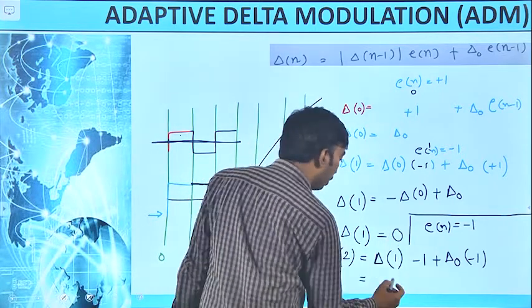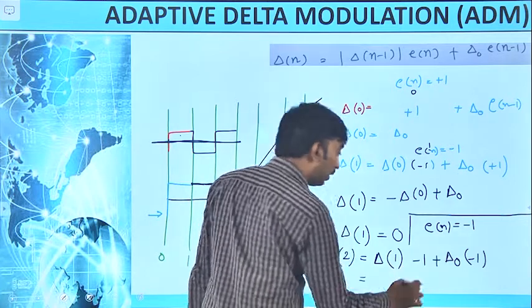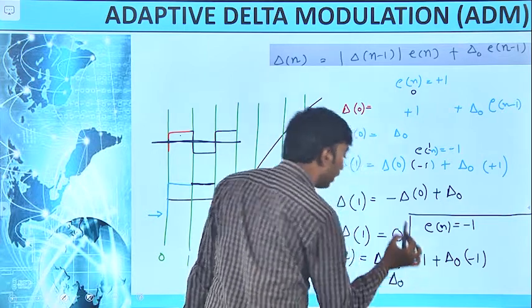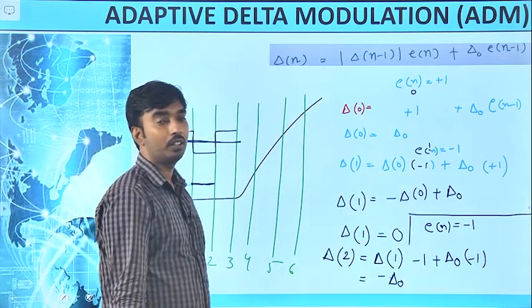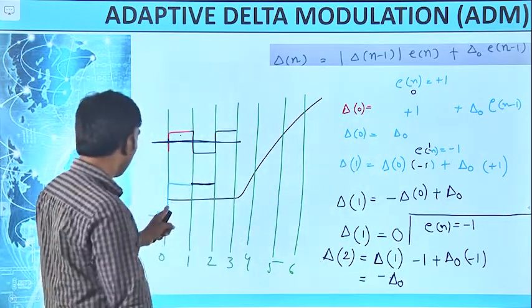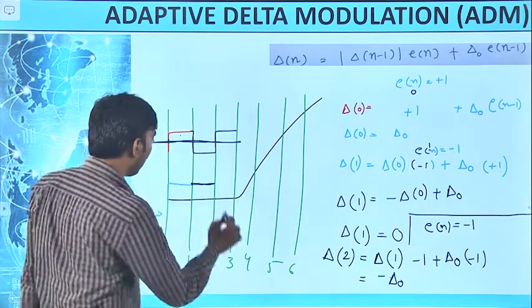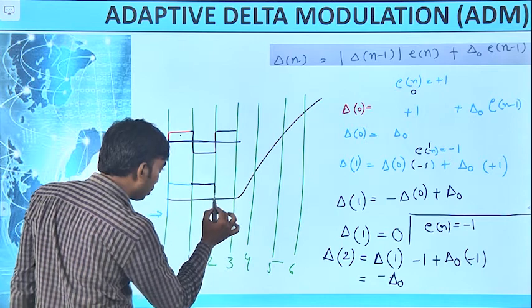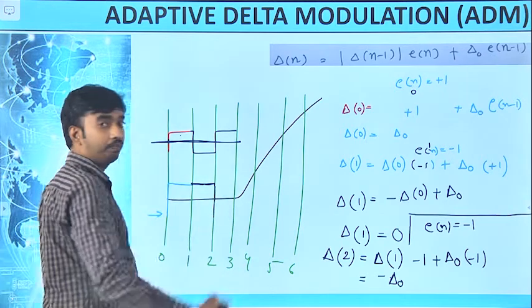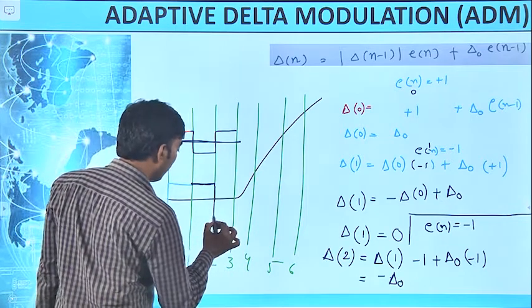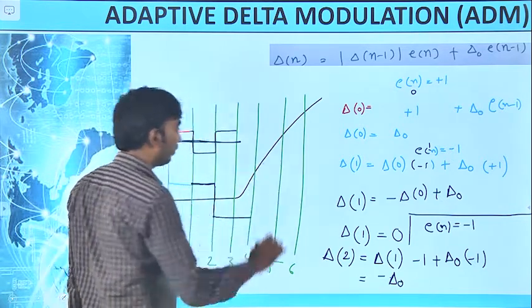Del of 1 is 0. 0 into anything is 0, minus del naught, right? So when del naught comes, I have increased it to plus delta, and minus del naught comes into the picture, and this should rise down, and the signal will come like this.